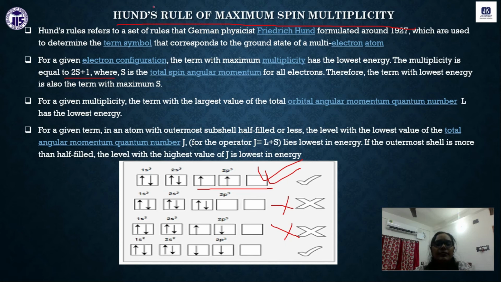Understand? So this is called Hund's rule of maximum spin multiplicity, where the value of 2S+1 will be higher. For a given configuration, the term with the largest multiplicity is the lowest in energy.